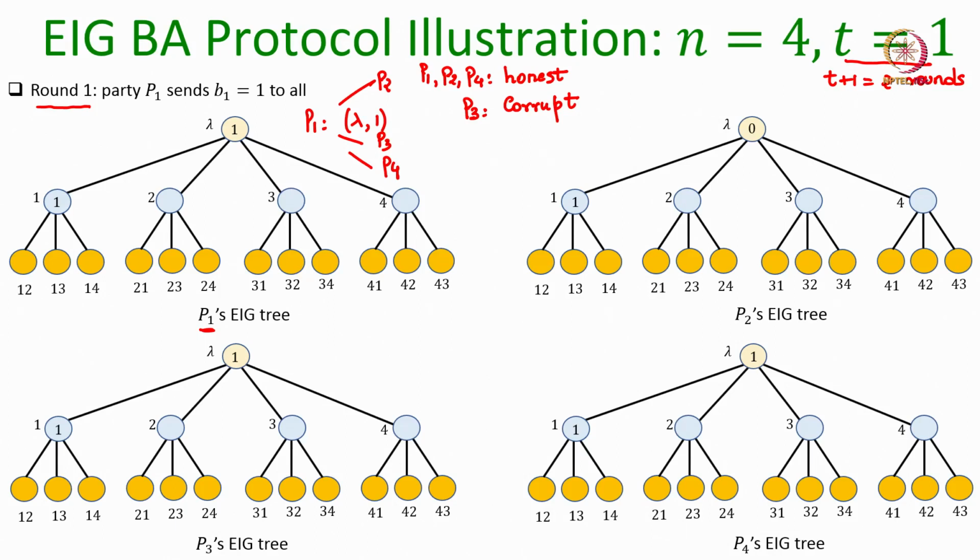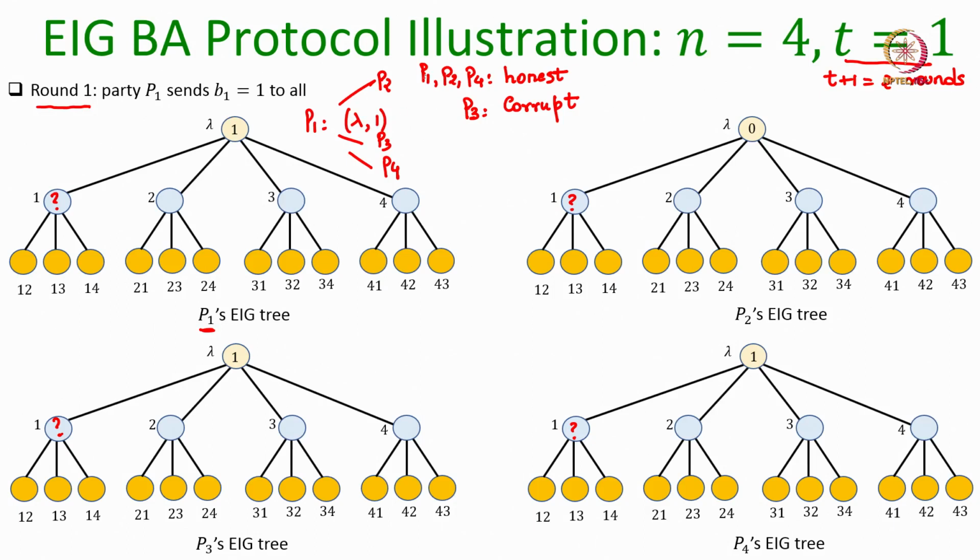Okay. Now, when P1 is sending this information to everyone else, what is going to happen? You see, at the time of initialization, no value was assigned to the nodes with these labels. The nodes with these labels will be assigned values only when P1 tells about the value of its root node during round 1, and now P1 is reporting that the value of its root node is 1.